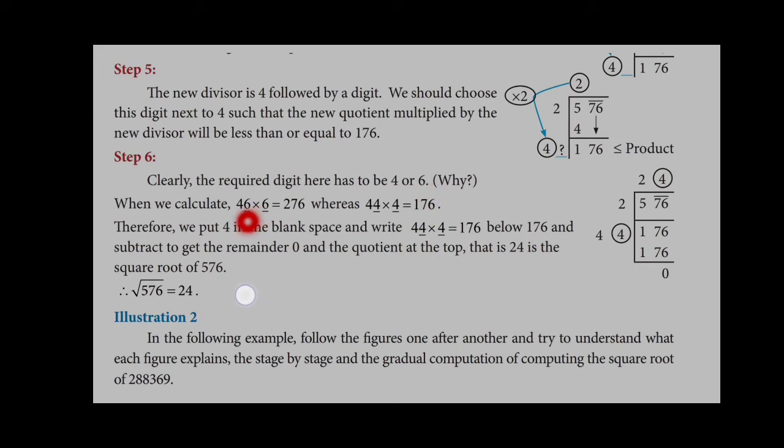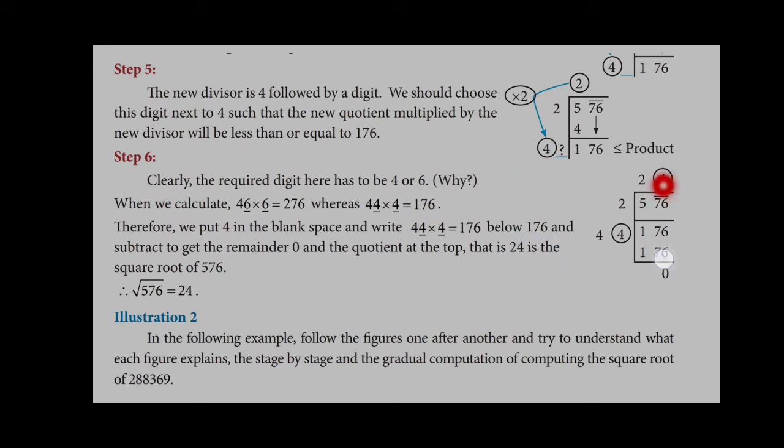First if we find 46 into 6, means 6 sixes are 36, then 6 fours are 24 plus 3 is 27, 276. Whereas if you use 4 fours are 16, carries 1, 4 fours are 16 plus 1 is 17, 176. So here we should use what? 4.